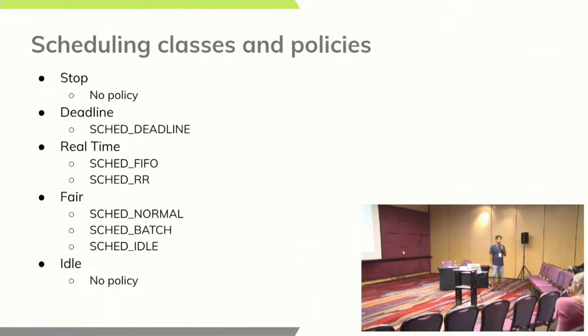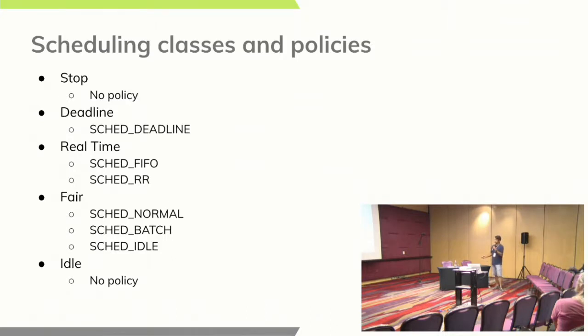This is the list of all the scheduling classes we have in the kernel today. The highest priority one is the stop scheduling class. It is a very special scheduling class. No user task goes to this scheduling class. It is used only for maintenance within the kernel, to stop everything and run some kernel specific routines.